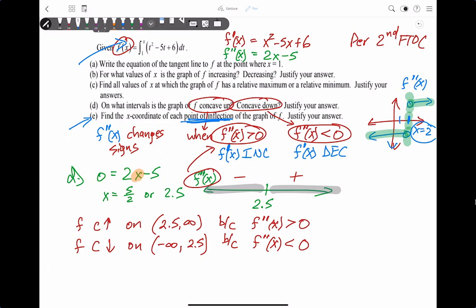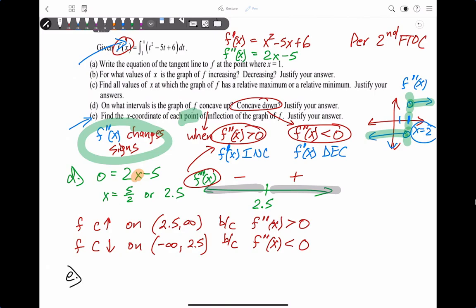Okay, it wouldn't spit out something that was undefined, not in its domain. So to be a point, let me highlight that, it has to exist as a point when I plug it into the position function. Okay, to be a point of inflection, it also has to change signs, not just equal 0.